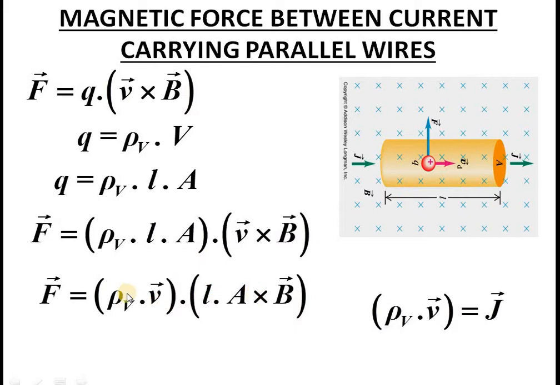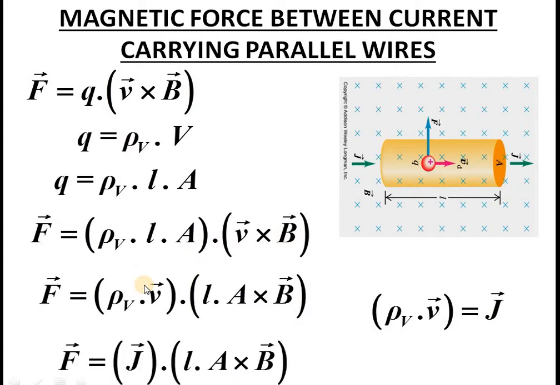Still the crossing is with v and B, so there is no harm in making such a change. Again, rho v into v, charge density multiplied by velocity, is in fact called current density. This equation you have studied in chapter 1. So current density J equals rho v times v. So J is brought here.